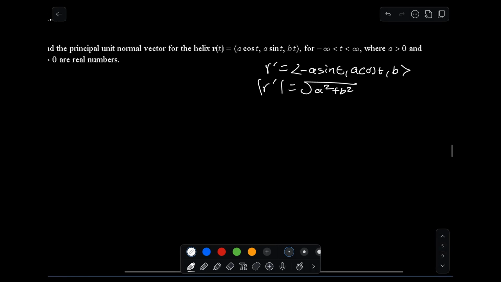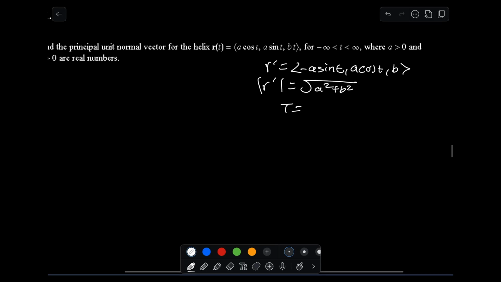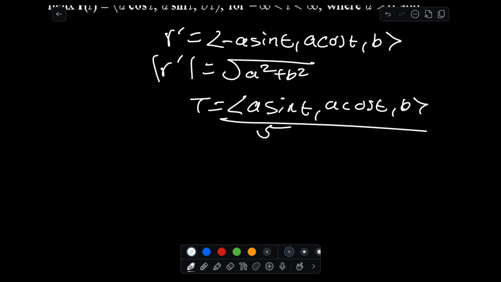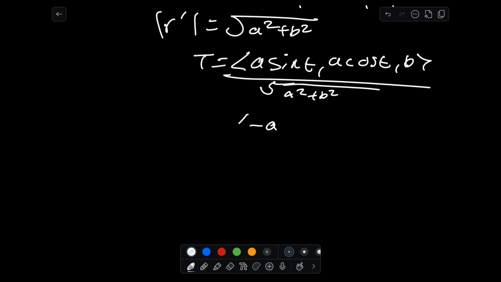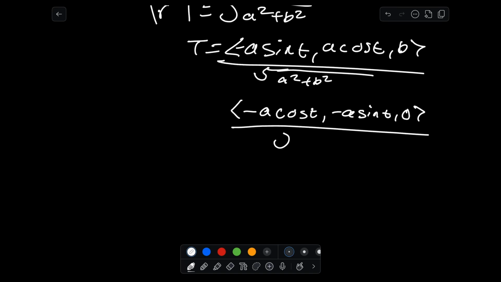So then you get T of t equal to negative a sine t, a cos t, b all over this entire quantity. You take the derivative of this with respect to t, you're going to get negative a cos t, negative a sine t, 0 over this.